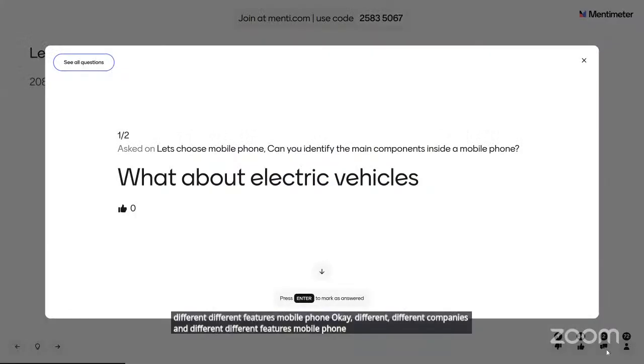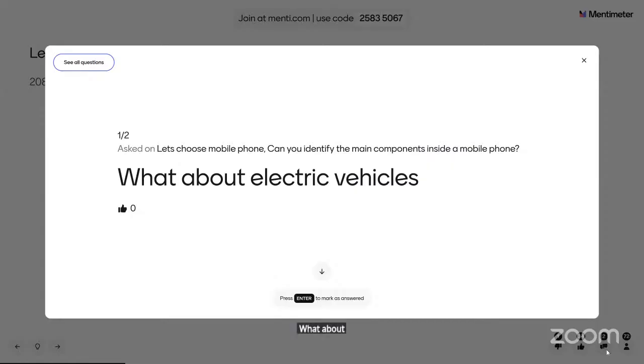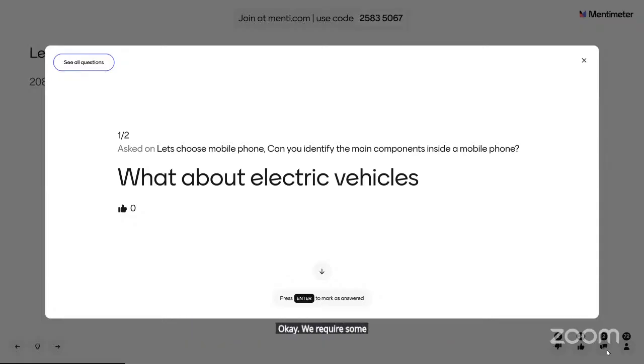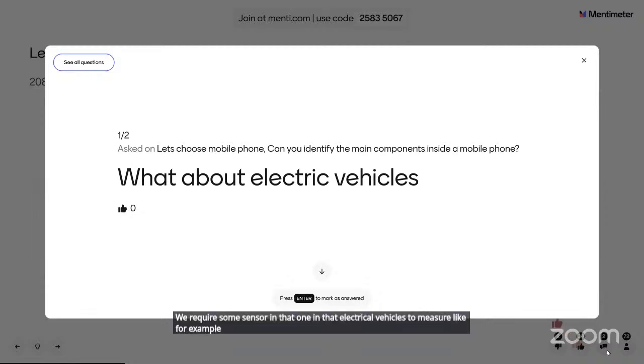What about electric vehicles? What are you basically asking about electric vehicles? An electric vehicle is a combination of mechanical plus electrical batteries. We require some sensors in electric vehicles to measure, for example, the voltage of the battery.